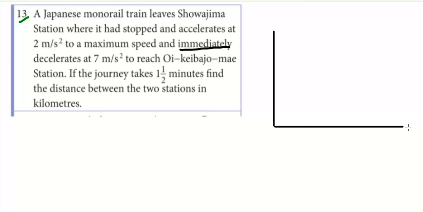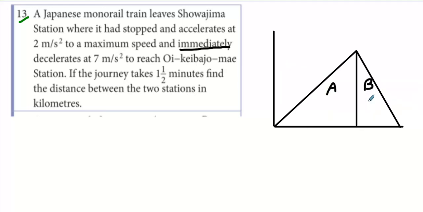Which one's more extreme, the acceleration or the deceleration? So it'll look something like this, a longer acceleration period and then a real short deceleration. Everybody cool with that? Distance covered in A would be bigger than the distance covered in B. Everybody cool with that?